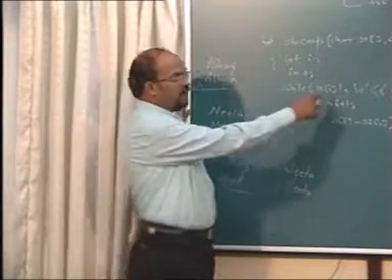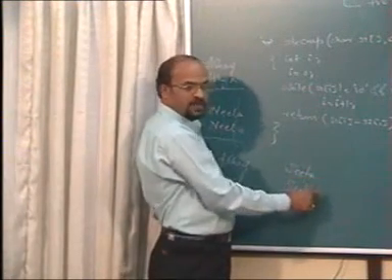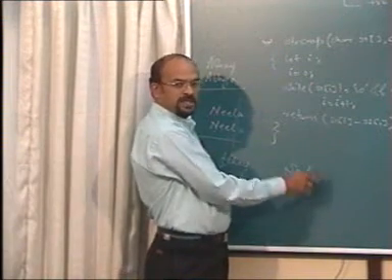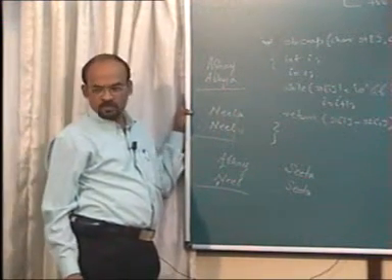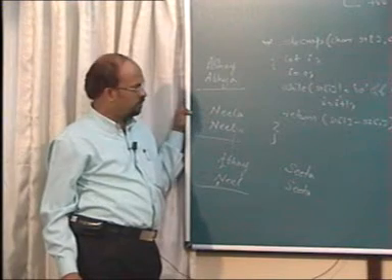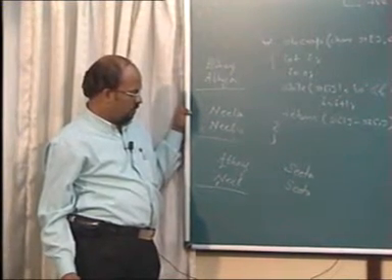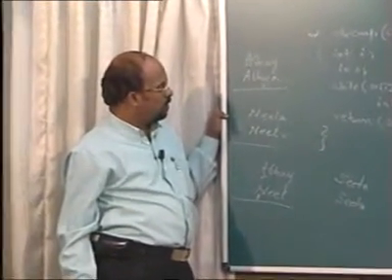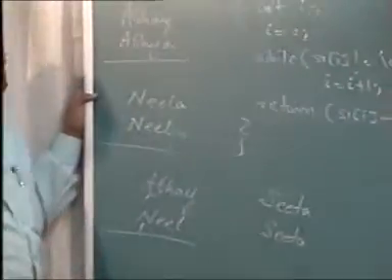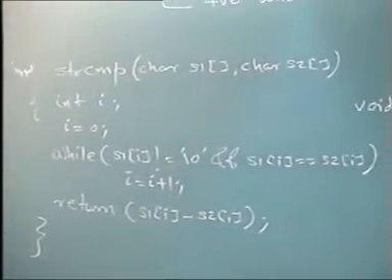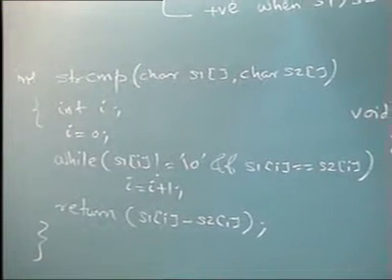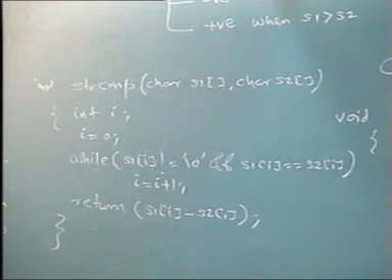When it comes out, both of them are at \0. \0 minus \0 will be 0. Getting it? Make a note. String compare, string concat, string copy we have done, string length we have done. For the time being, this should be sufficient.